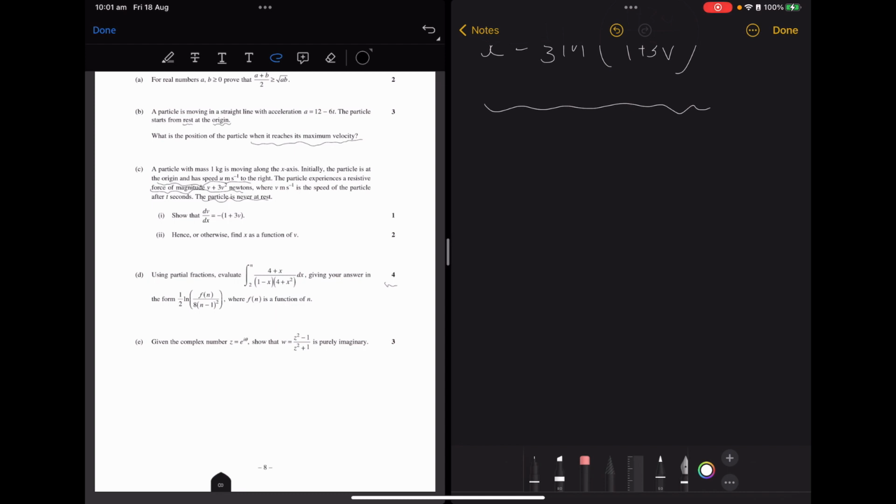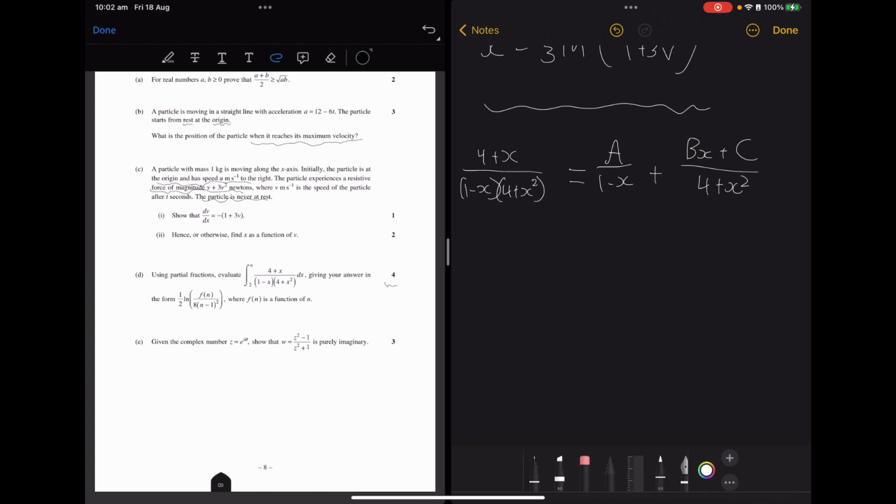So we have 4 plus x all over 1 minus x, 4 plus x squared is equal to some combination of a over 1 minus x plus bx plus c all over 4 plus x squared.